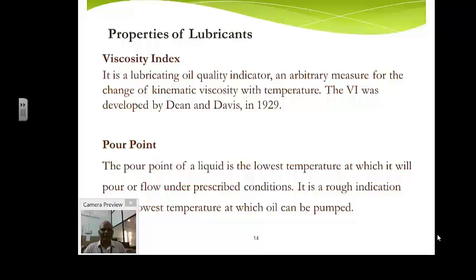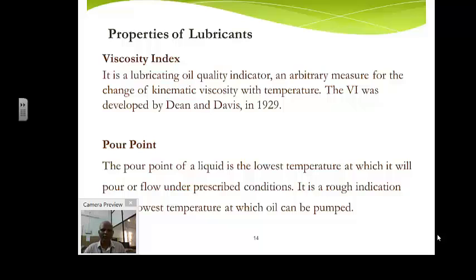The viscosity index was developed by Dean and Davis in the year 1921. They conducted a number of experiments in order to evolve a large amount of data which gives the viscosity values of various lubricants. The pour point of a lubricant is the lowest temperature at which it will pour or flow under prescribed conditions.